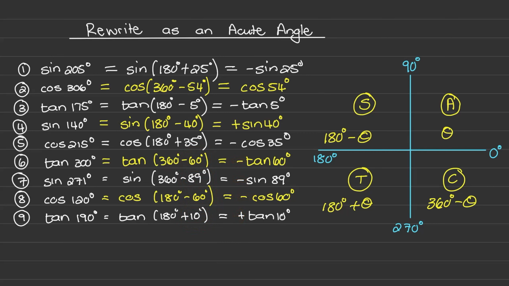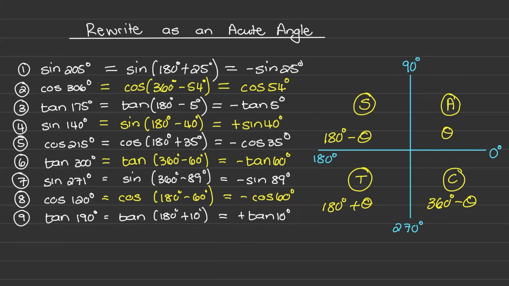From there, I rewrite each of them. So tan 300 would reduce to negative tan of 60. Sine of 271 would reduce to negative sine of 89. Cos of 120 becomes negative cos of 60. And tan of 190 would reduce to tan of 10 degrees.